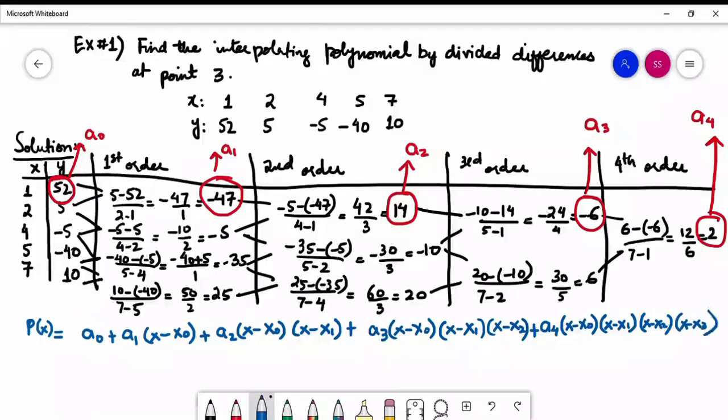So that's it. This is the formula, and you have to replace x0, x1, x2, x3, x4, and also a0, a1, a2, a3.